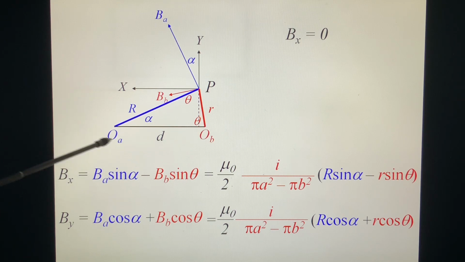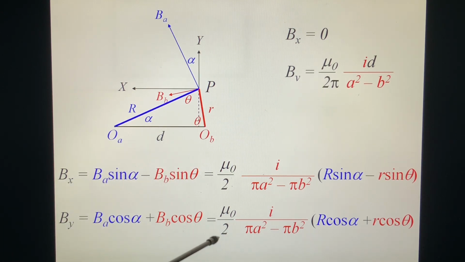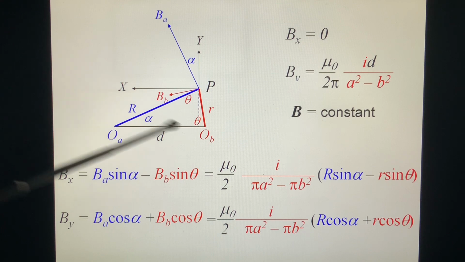We put them together and get D. So BY equals mu 0 over 2 pi times I over pi A squared minus pi B squared, times D. This is a constant. So we proved that the magnetic field in the hole is constant, of course including the center.